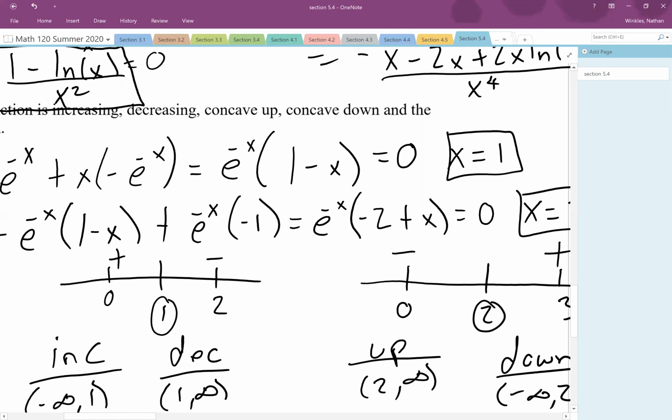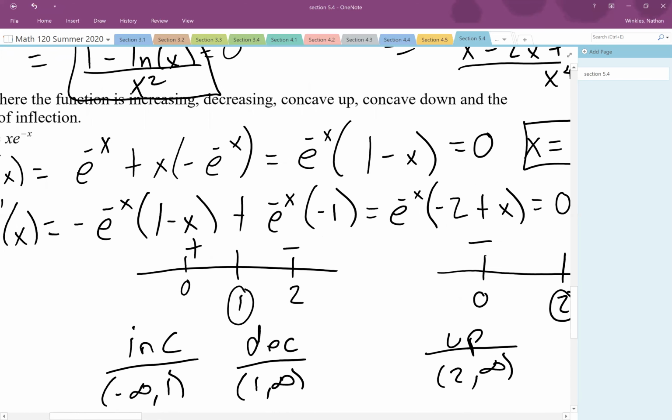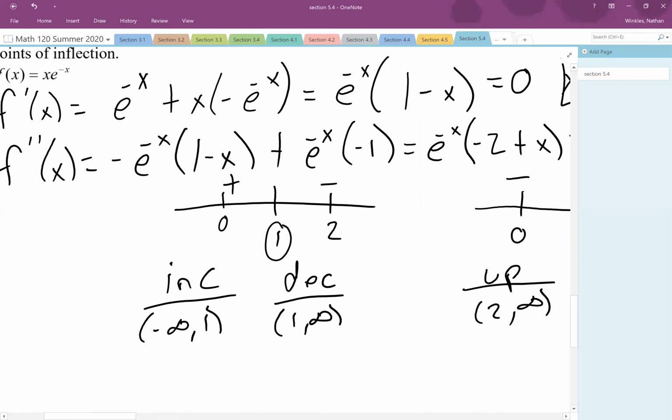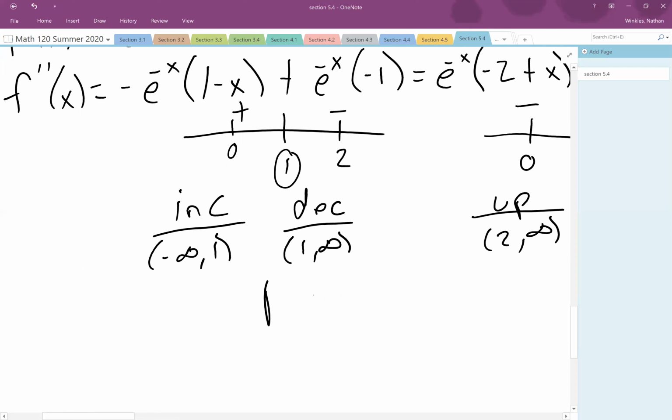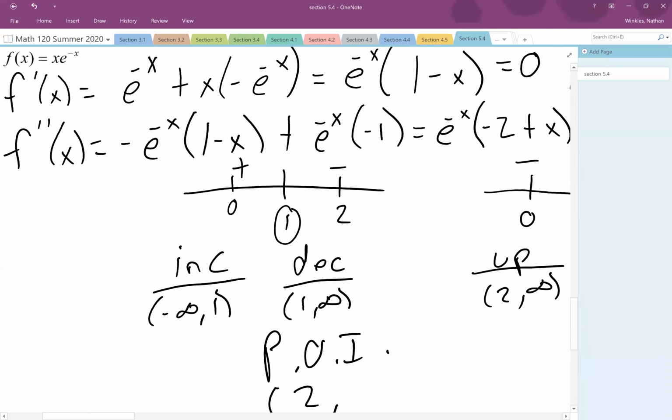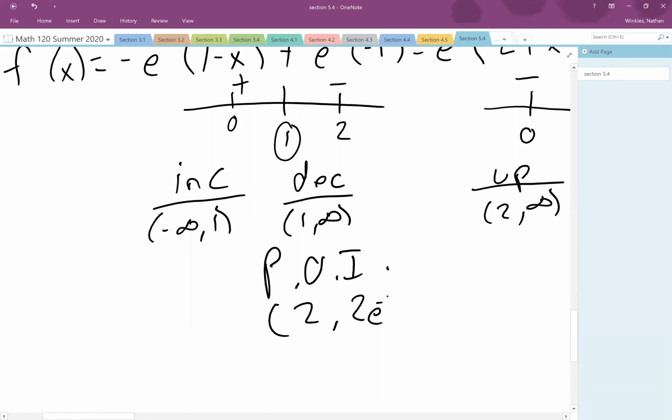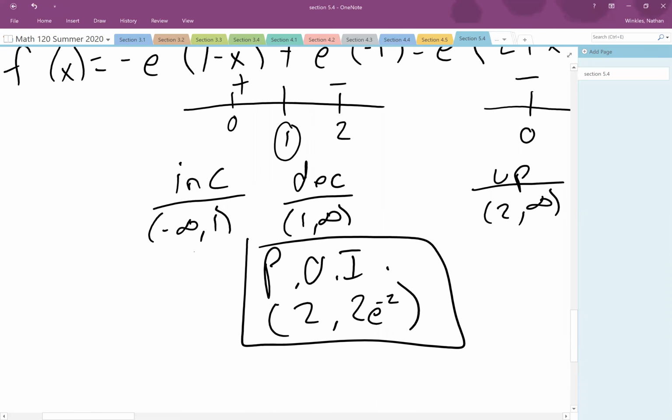So we've answered increasing, decreasing, concave up, concave down, and now the points of inflection, we take this 2. So for our point of inflection, we take the x equals 2 from our second derivative, we plug it in, we get 2e to the -2 by plugging back in. So that's the last piece that we have to worry about finding.